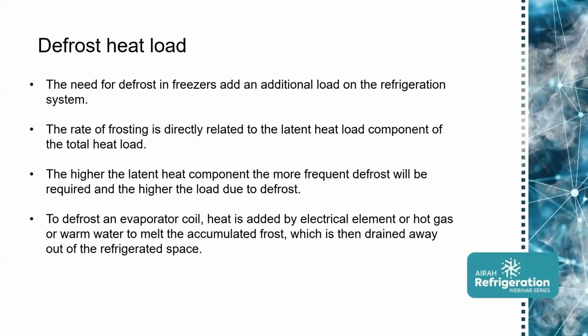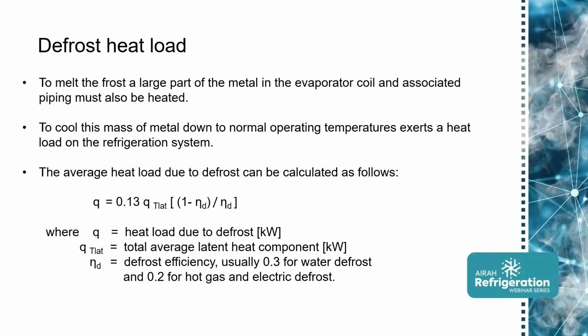Next one, Marie, please. Now, to melt the frost, a large part of the metal of the evaporator coil and the associated piping must also be heated. Cooling this mass of heated metal down to normal operating temperatures exerts a heat load on the refrigeration system. This heat load due to defrost is shown by this formula here.